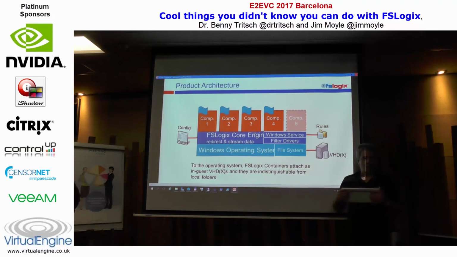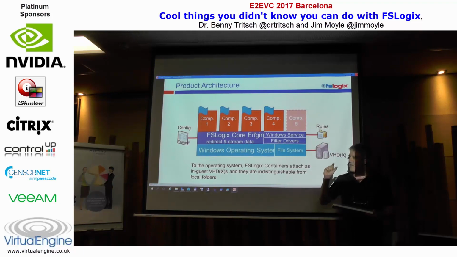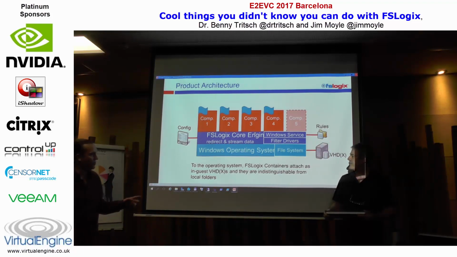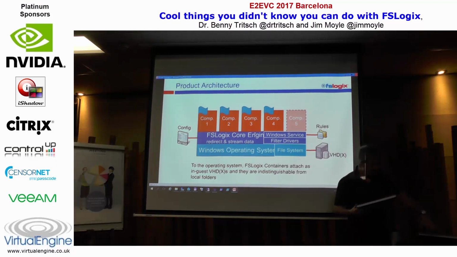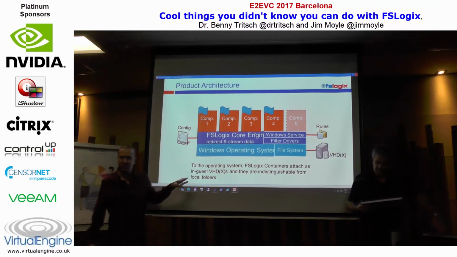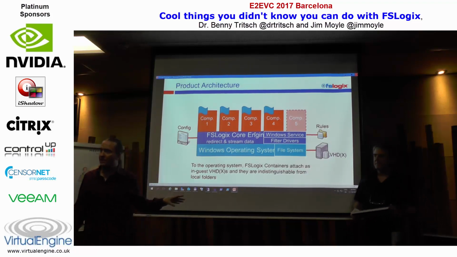So the local OS, the local file system, believes that the attached VHDs that live on a file server are local. So this is really important because odd stuff breaks when Windows knows that those files are inside a VHD.